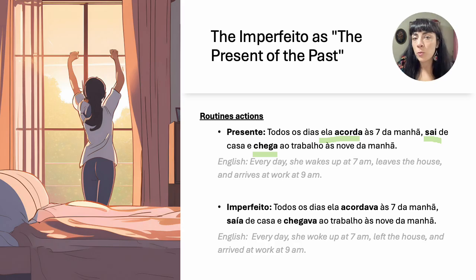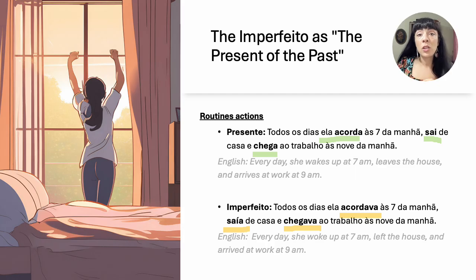We have the same expressions. It's just the tenses that change. So now we have todos os dias ela acordava às 7 da manhã, saía de casa e chegava ao trabalho às 9 da manhã.